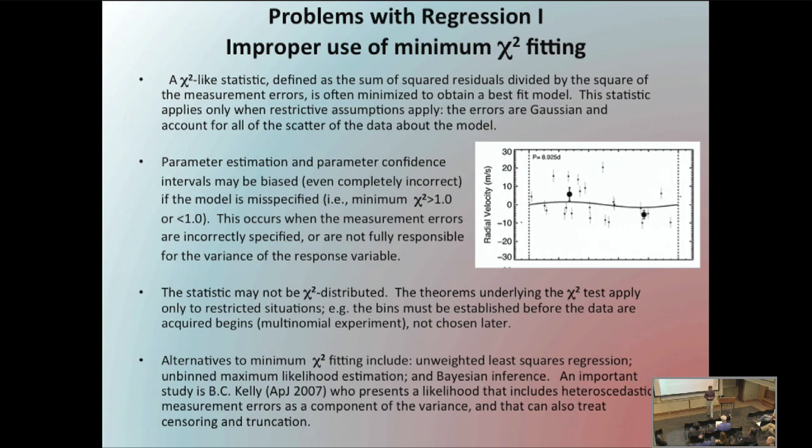Well, it's certainly better to be explicit about your assumptions and to be aware of the possible pitfalls. I would say if you can argue that the errors are Gaussian, that the model is correctly specified, and that all the scatter is due to the measurement errors, then you can argue that you satisfied the conditions and everything's okay. Sir.